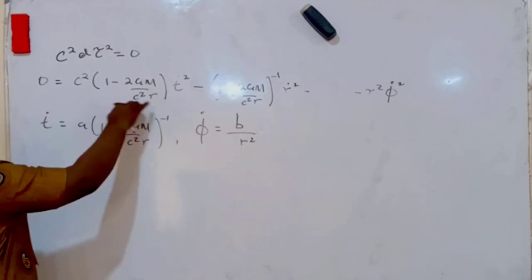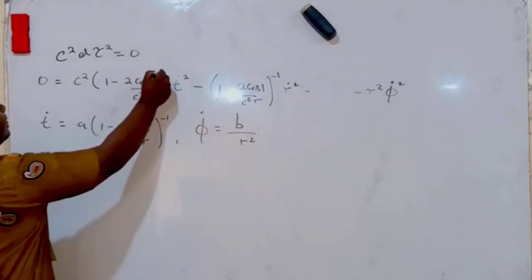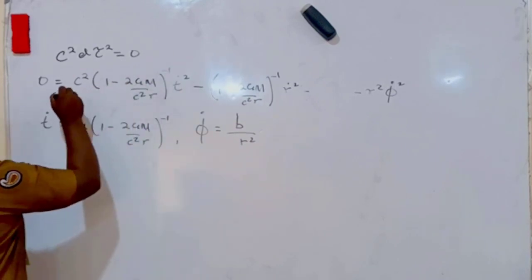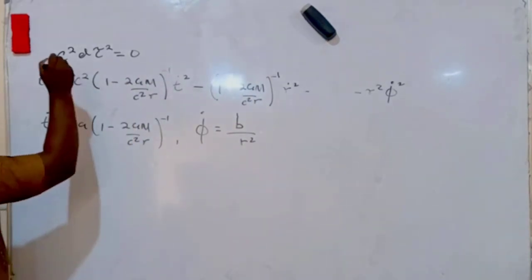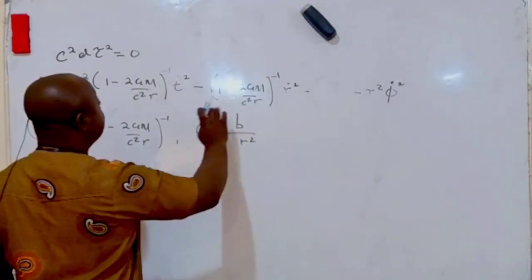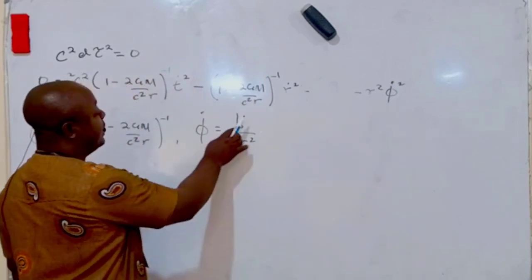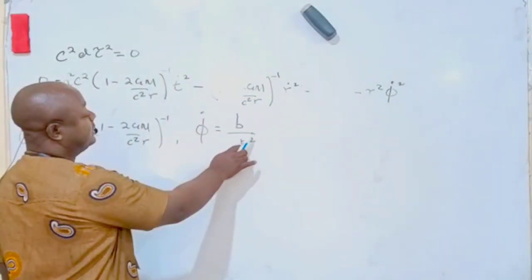If I put it here, this one will end up with a minus 1. Are we together? And then I will have an A squared somewhere. For the phi dot, I will have this over r squared.